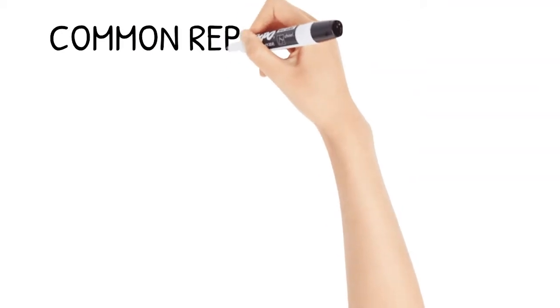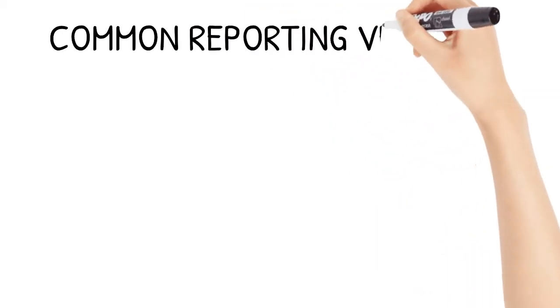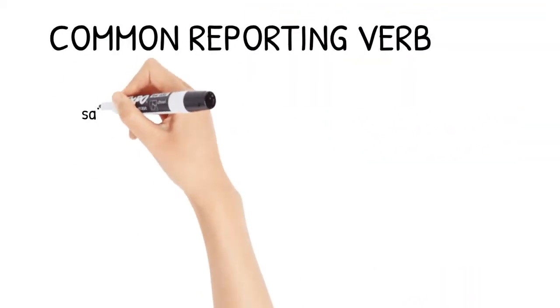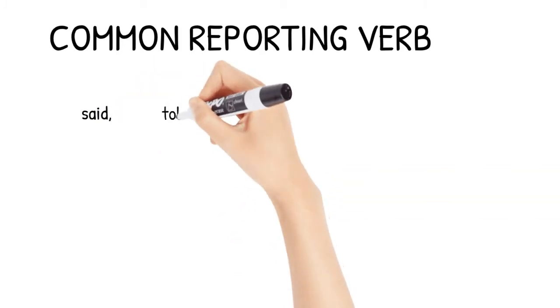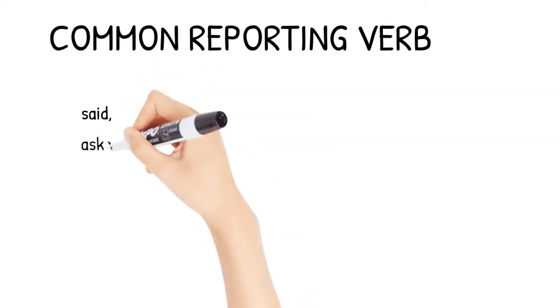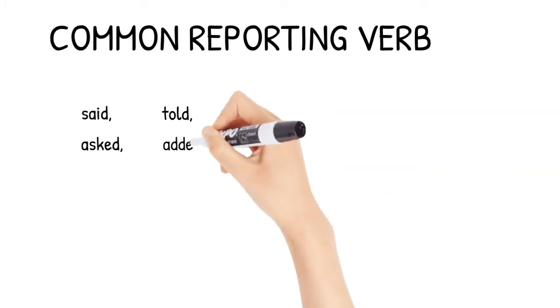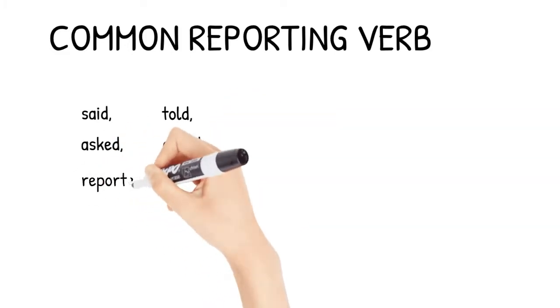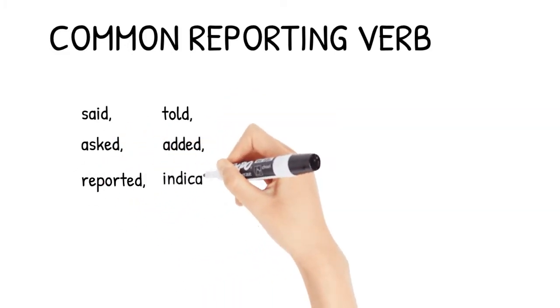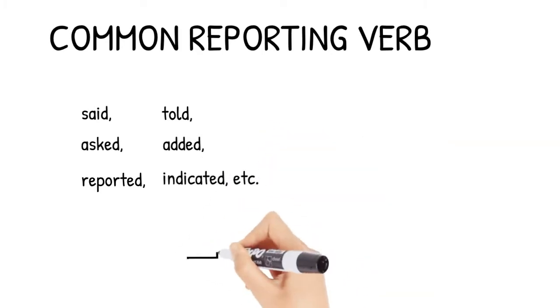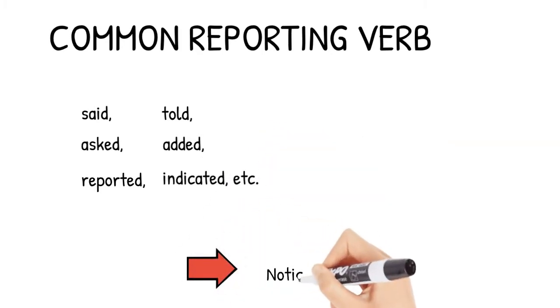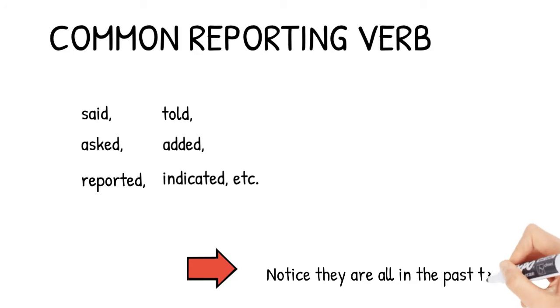Here are some common reporting verbs to get you started. Keep in mind, there are many kinds of reporting verbs, but here's a few that will help you in the beginning. Said, told, asked, added, reported, indicated. Notice they are all in the past tense.